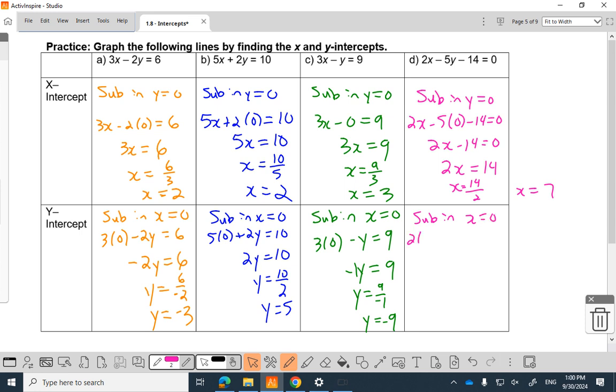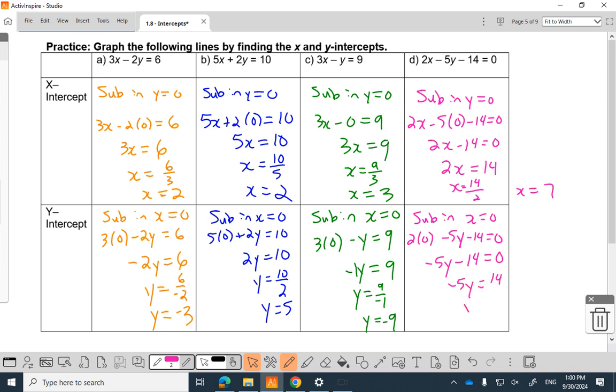And again, subbing in 0, pretty nice. Because that just cancels out. But a slightly tougher equation here. What's the opposite of subtracting 14? Add 14.